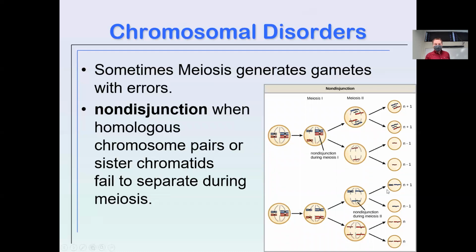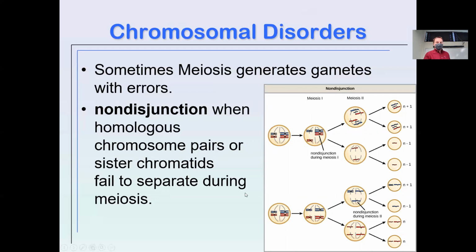You can also have situations where, during meiosis 2, the separation does not occur correctly here, where one gamete ended up with an additional chromatid, essentially, but in this other direction, they're just fine. So again, a couple ways that can happen.